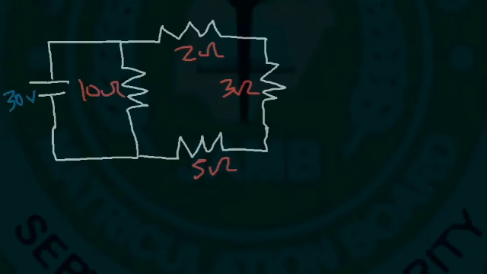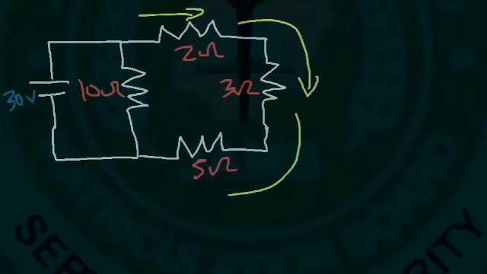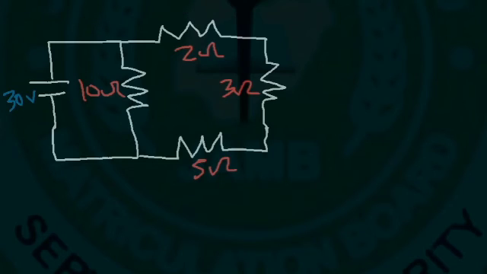So we need to simplify the circuit. Notice that the current that flows through the 2 ohm resistor is the same current that flows through the 3 ohm resistor, which is the same current that flows through the 5 ohm resistor. Because the current through those 3 resistors is the same, those 3 resistors are in series with respect to each other, which means that we can add them to get the equivalent resistance.